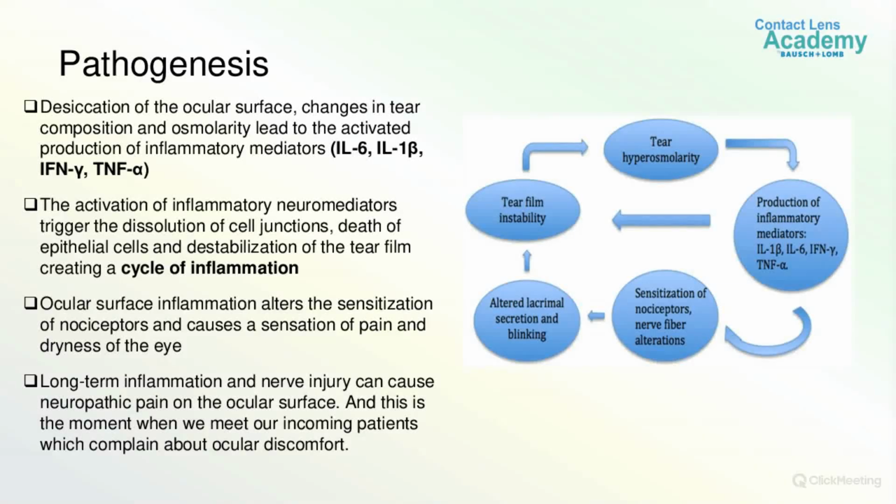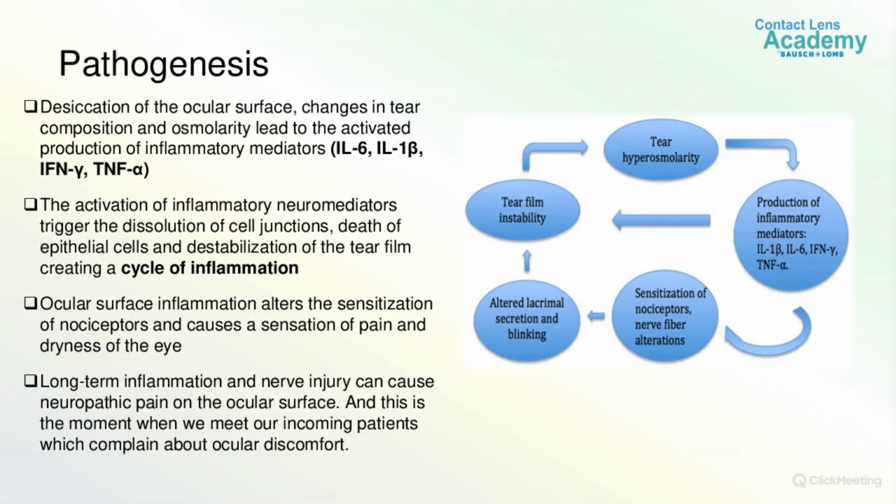As you can see from this picture, desiccation of the ocular surface changes first the tear composition, and osmolarity leads to the activated production of inflammatory mediators, like the most famous interleukins, which you can see on this part of the diagram.